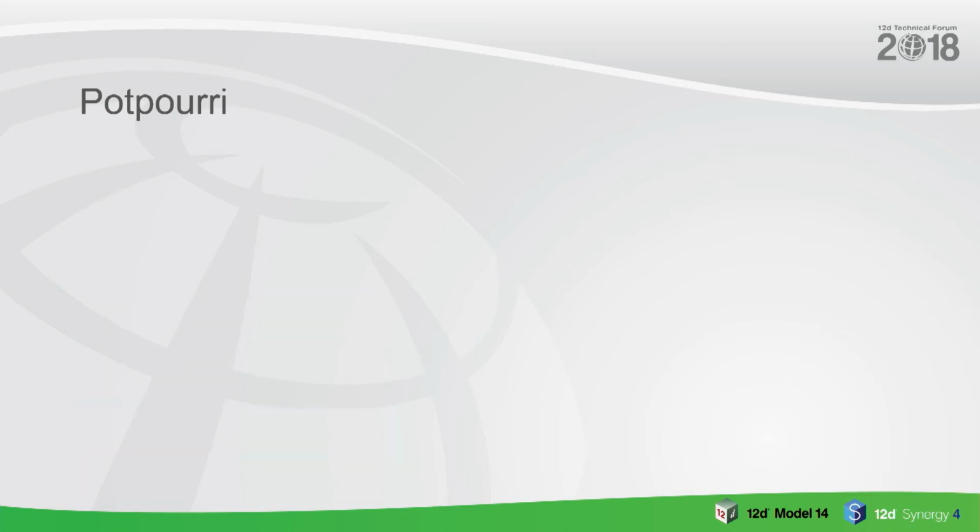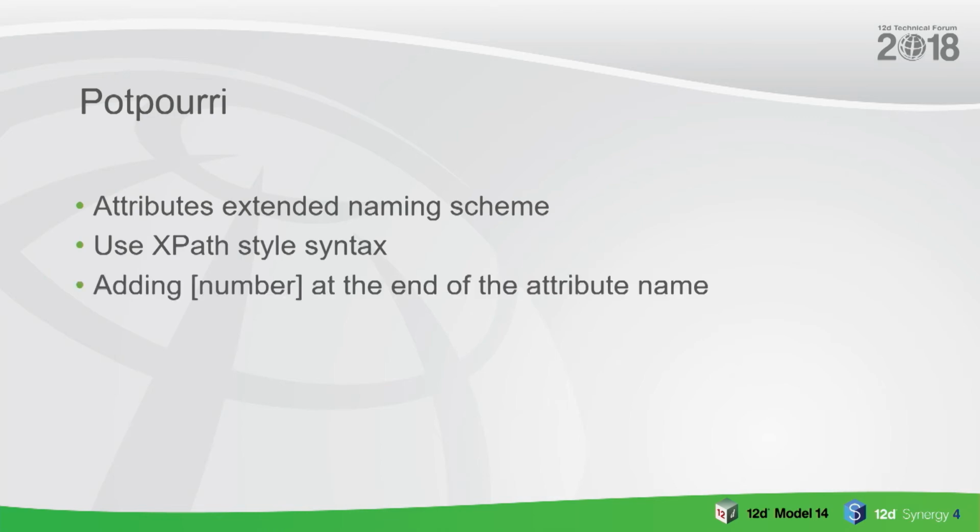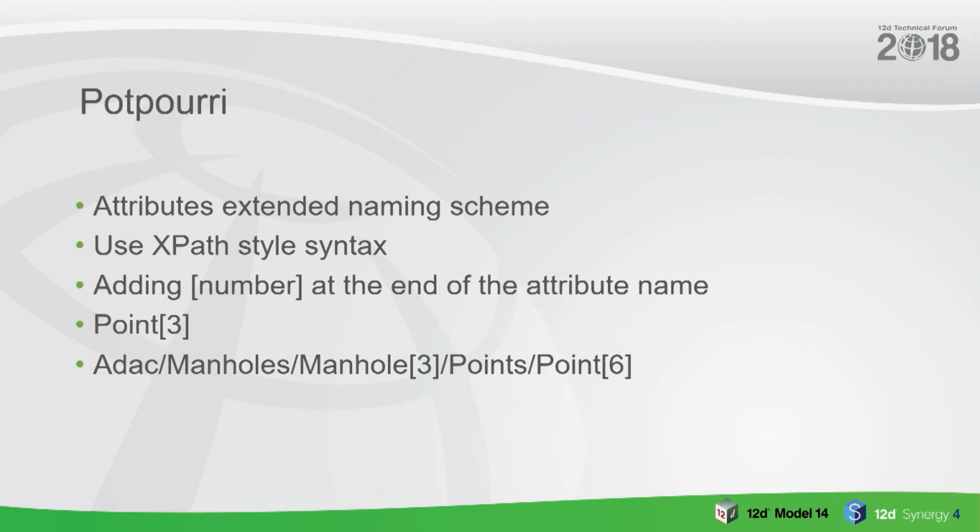Okay, new extended naming scheme. We use an XPath style syntax, adding a number in square brackets at the end of the attribute. So point[3] gets you the third instance of that attribute. If it's more complicated for ADAC, we're getting the third manhole, and for the third manhole, we're getting the 6th point of that manhole. So the world is good now.